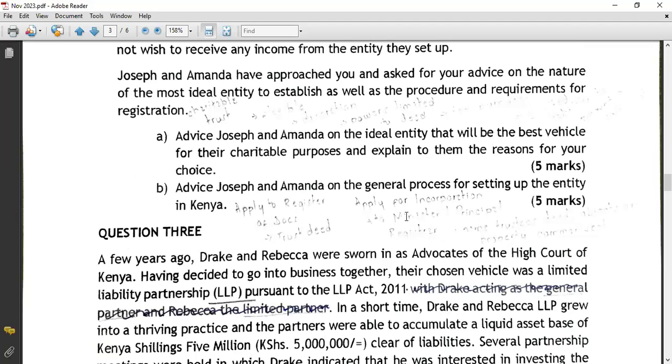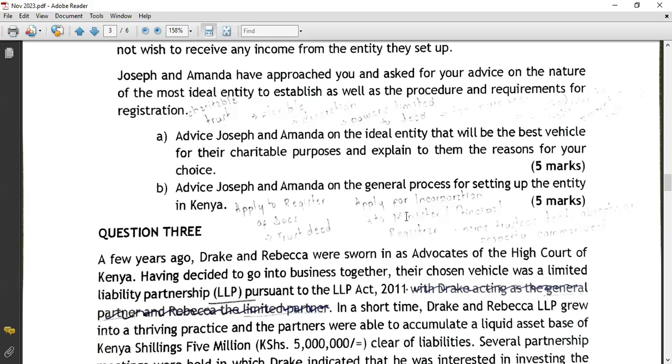Charitable trust is in fact more probate. You know that? But they have made provisions for creating it differently. The final step you do to create it as a separate entity is registering with the Ministry of Lands for it to be an incorporation.